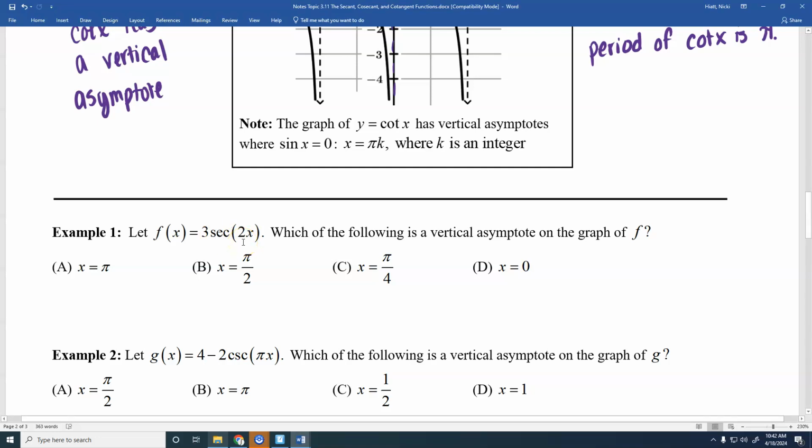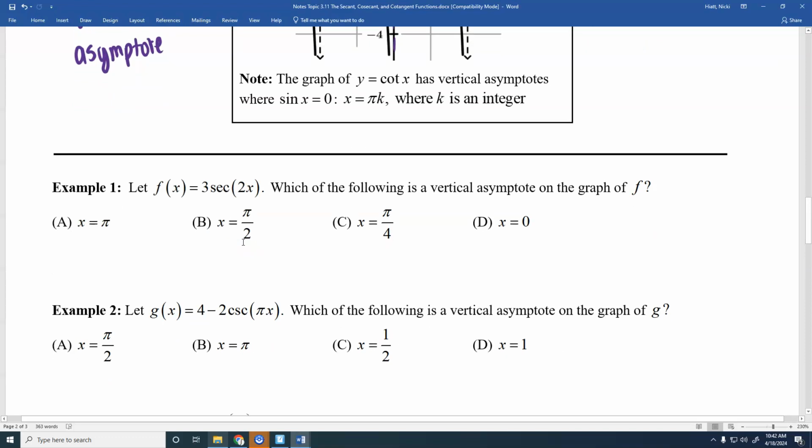What we want to think about for this graph, f of x, is that we can kind of keep the 3 out here. Secant of 2x would be 1 over cosine of 2x, right? The 3 is just a vertical stretch.